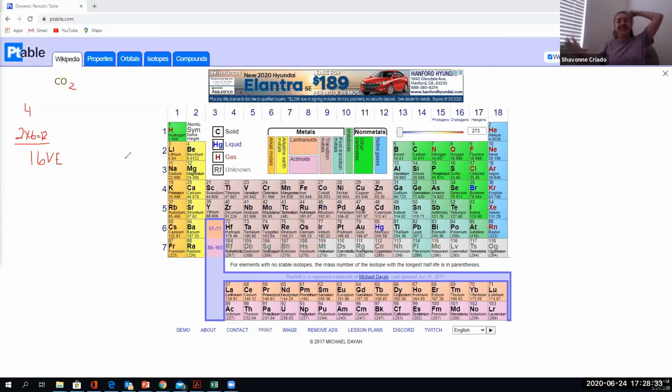Okay, and since it's in the middle, then where are they going to be at? In the middle. So then the oxygens are going to be on both sides. Okay. So we have 16 electrons. Let's just put electrons anywhere, but let's try to put them in pairs.